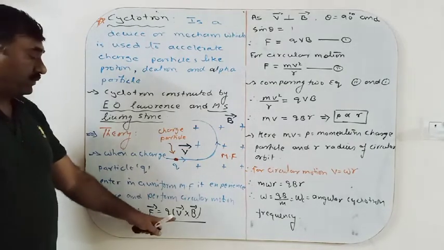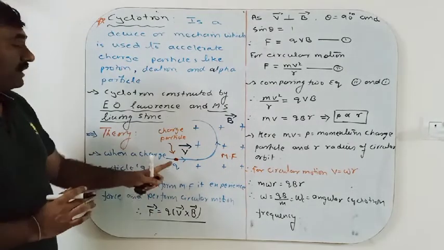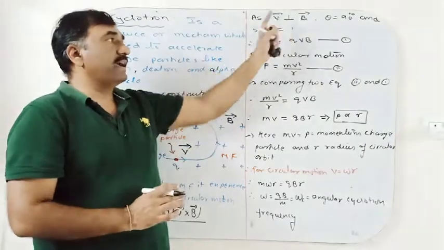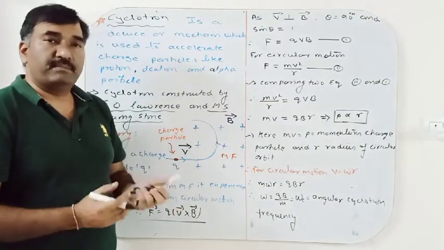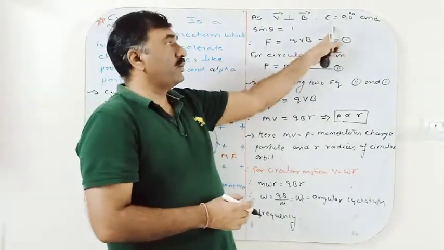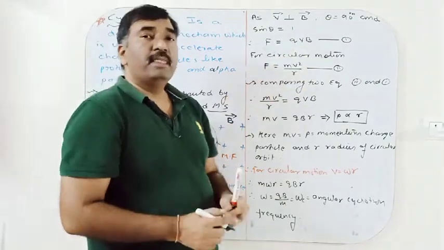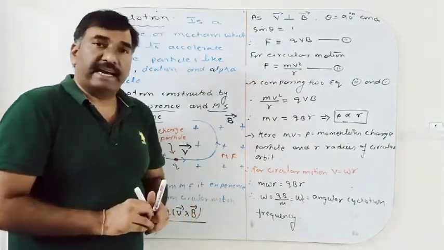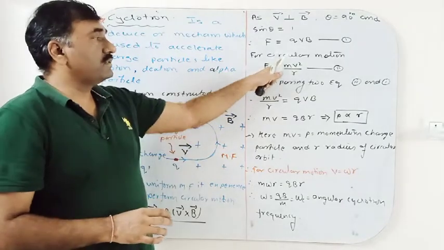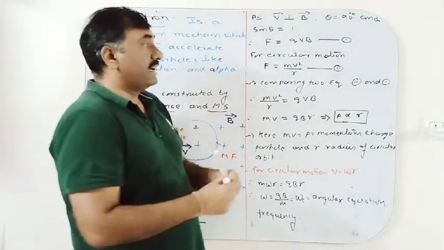But as the velocity is perpendicular to the magnetic field, the angle between v and B is 90 degrees, sin 90 is equal to 1. So F becomes qvB. And for circular motion, we know that F is equal to mv square by r, the centripetal force.